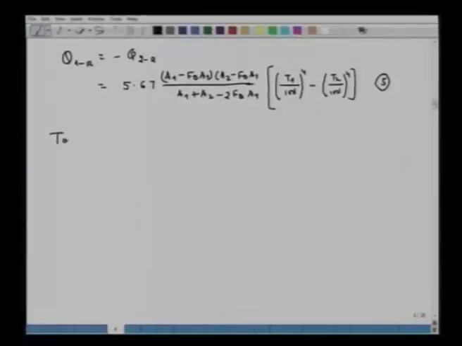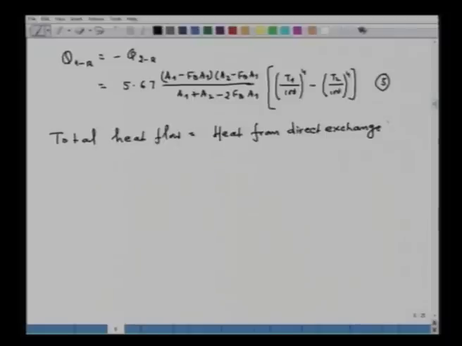So, now the total heat flow will be equal to heat from direct exchange, that is equal to Q1 to 2, plus heat from indirect exchange.